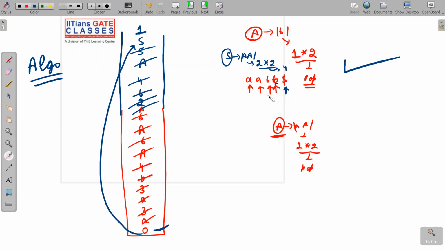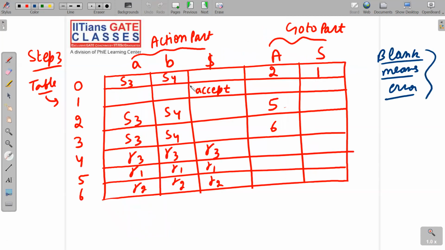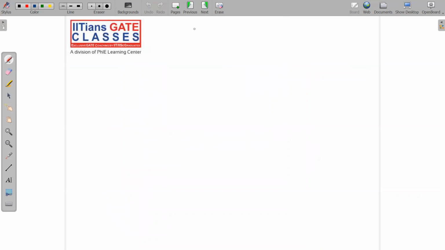Side by side, I will show you the SLR1 parser also. Now see carefully, now the difference is coming. So I'm starting the next parser, that is SLR1. Just in one line I will complete it.